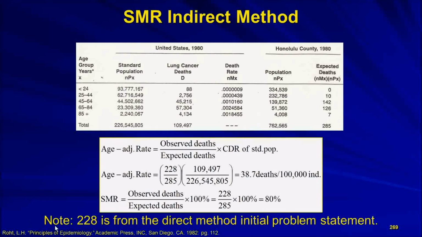Now if you go back and look at the original problem, in Honolulu there were 228 deaths from the direct method that was initially reported in the problem statement. Okay? Now, I mentioned that we no longer have the age-specific death rates for Honolulu County. That data they just didn't collect. They didn't represent it that way. There's no reports. It costs too much.